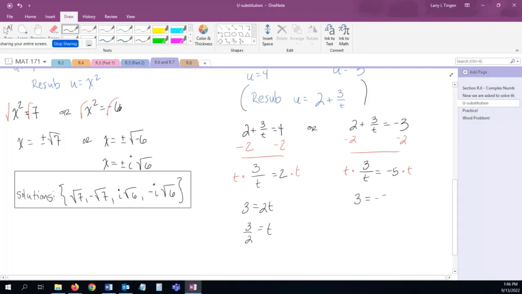And now I have 3 is equal to -5t. Finish it up. And t is equal to -3/5.